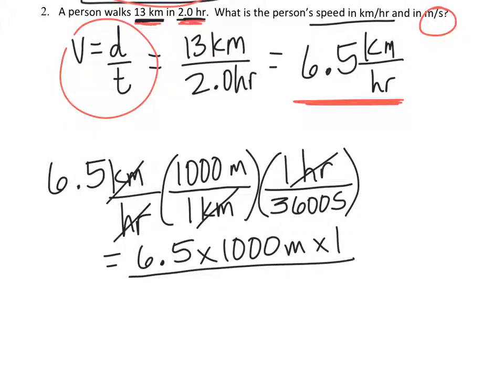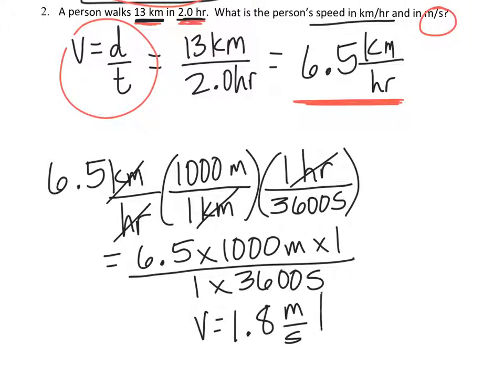And then in my denominator, I've got 1, and then 3,600 seconds is listed. So we type that into our calculator, and that gives us a final answer of 1.8 meters per second. So on your test, you'll need to know how to convert from meters per second to kilometers per hour, and also the other direction.